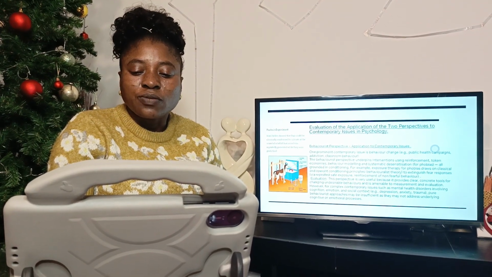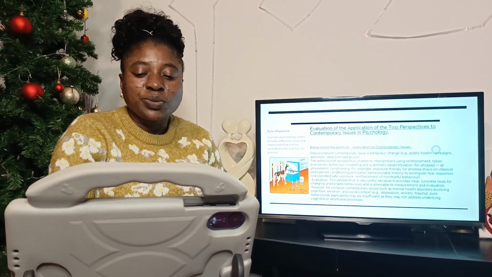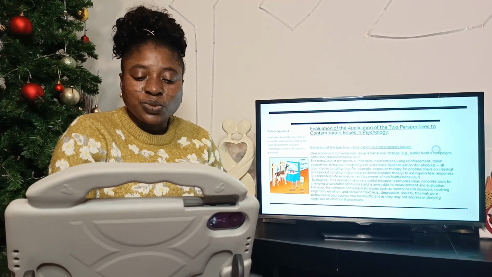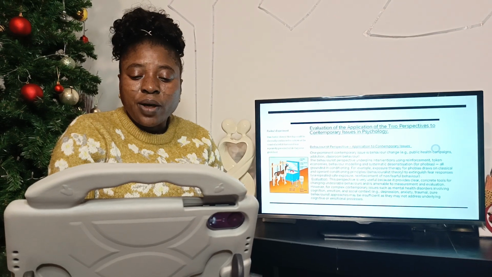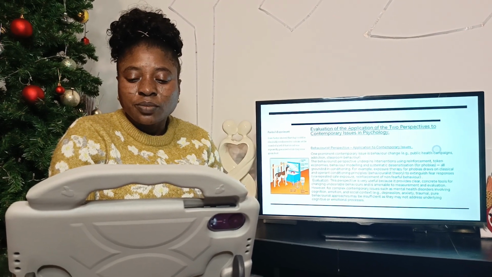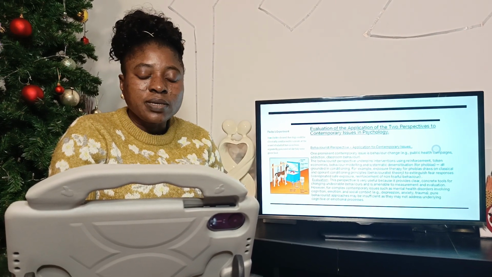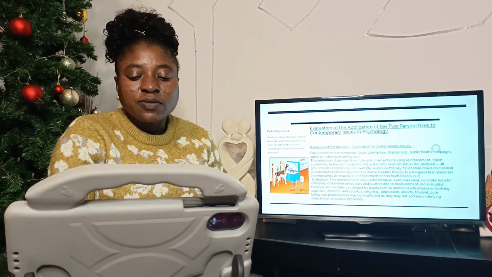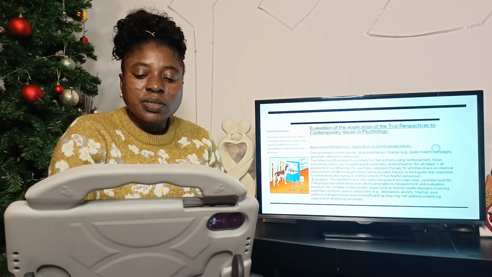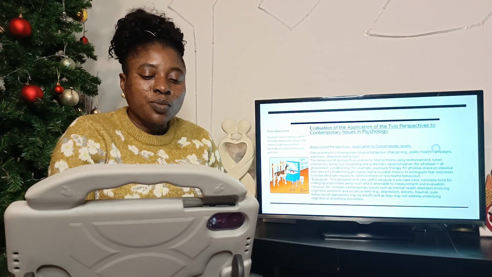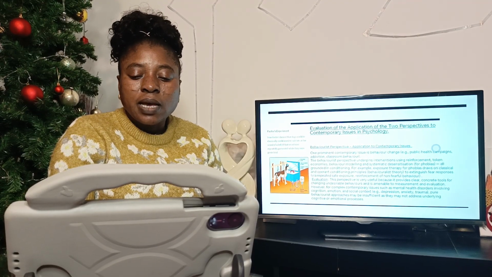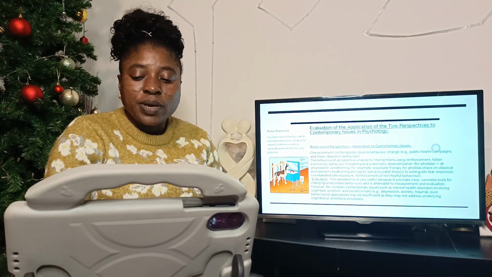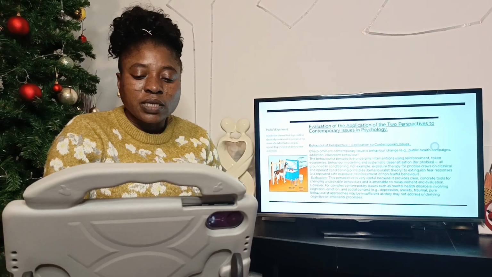Evaluation of the application of the two perspectives to contemporary issues in psychology. Behaviorist perspective, application to contemporary issues. One prominent contemporary issue is behavior change, e.g., public health campaigns, addiction, classroom behavior. The behaviorist perspective underpins interventions using reinforcement, token economies, behavior modeling, and systematic desensitization for phobias, all grounded in conditioning.